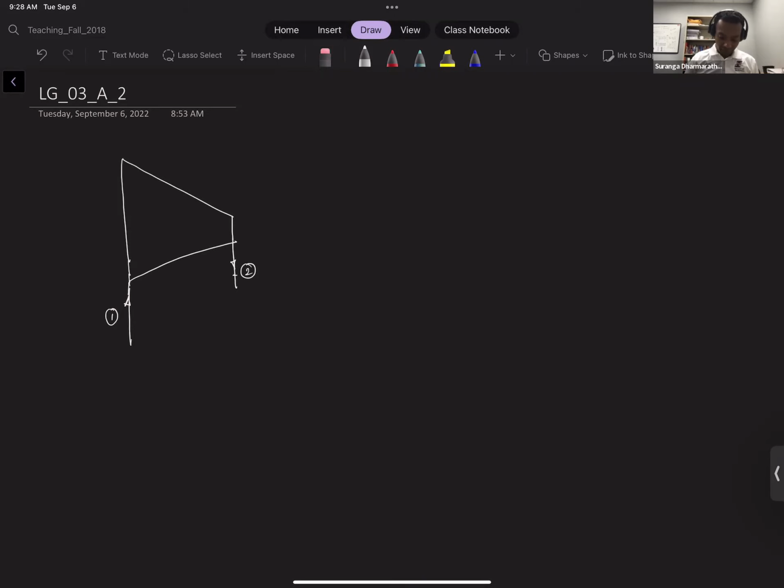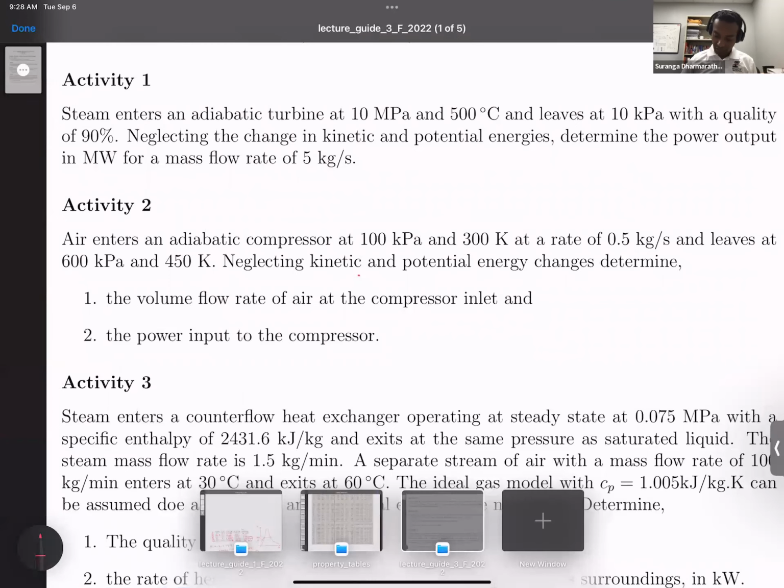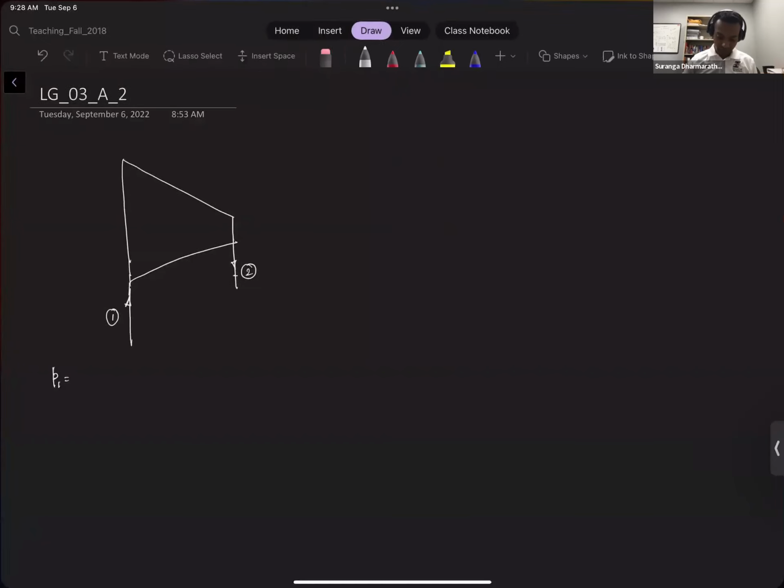So we have inlet conditions, P1 is 100 kPa and T1 is 300 Kelvin, and exit conditions P2 is 600 kPa and T2 is 450 Kelvin.